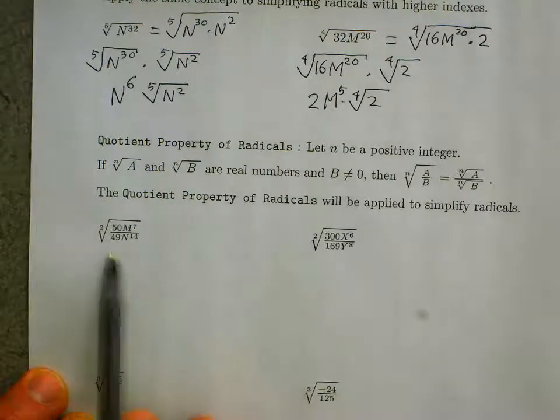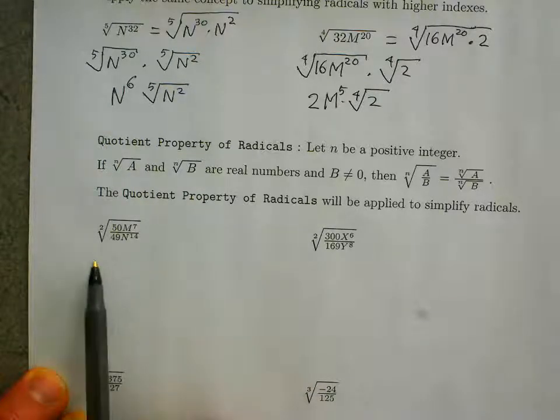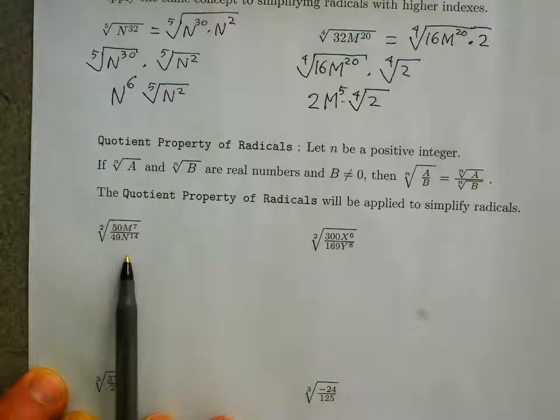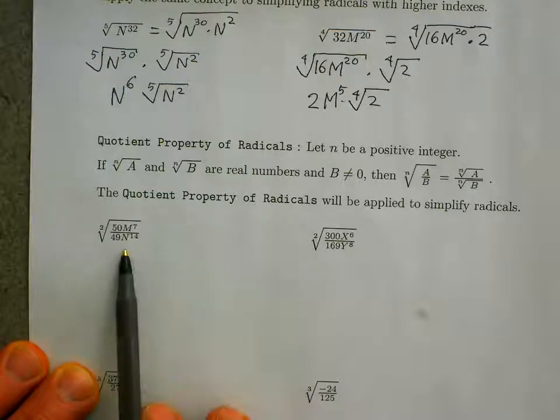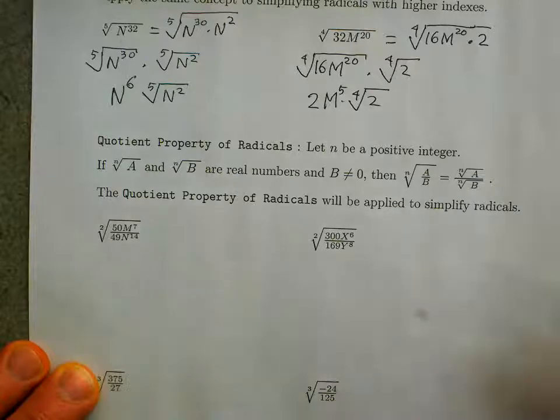Okay, so let's simplify the radicals of quotients. Here we have the second root, that's the square root, of 50m to the 7th divided by 49n to the 14th.